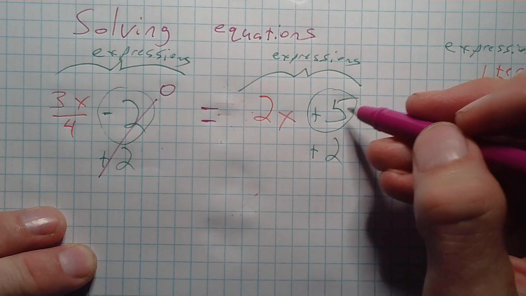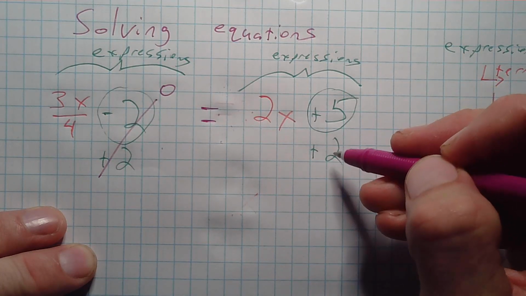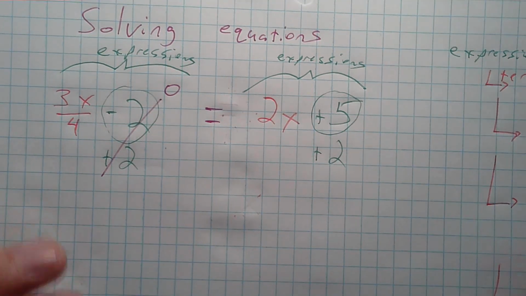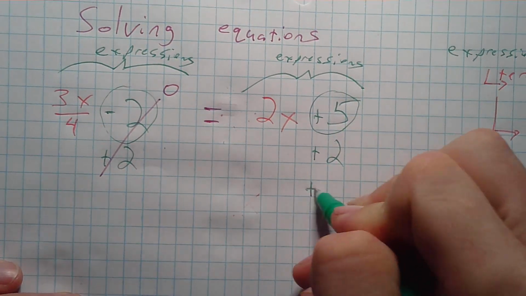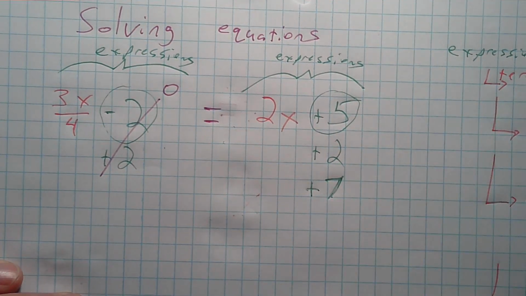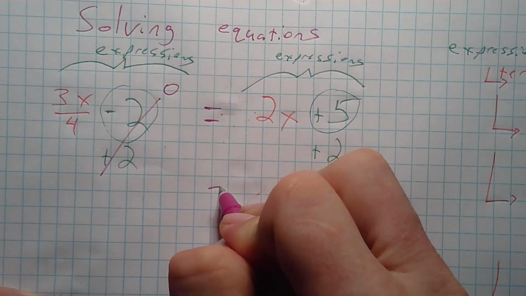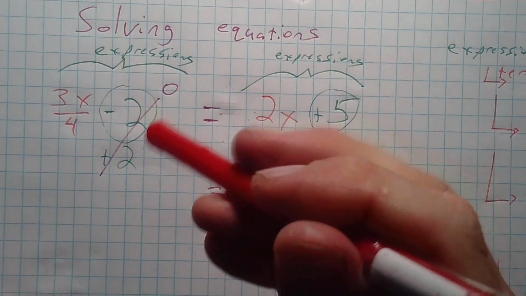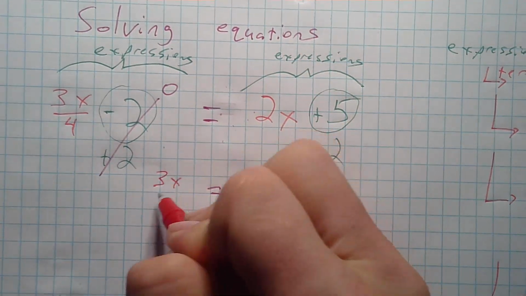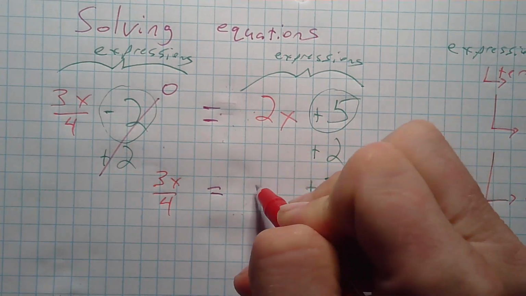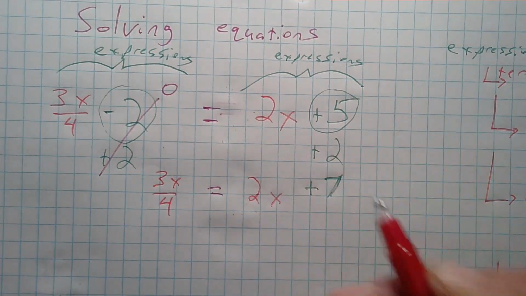And over here, if I combine a +5 and a +2, I get a +7. Okay? Now I didn't do anything else with any other terms, so I'm going to rewrite my equation every step: 3x divided by 4. I'm just going to bring these down, equals 2x.